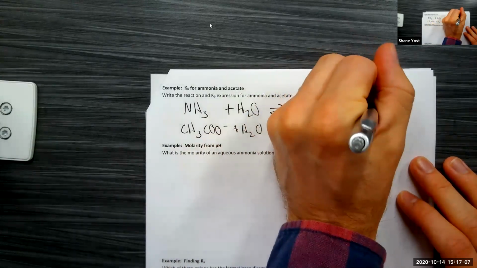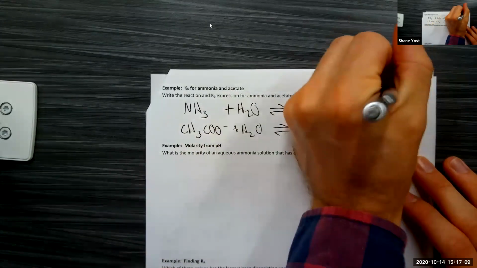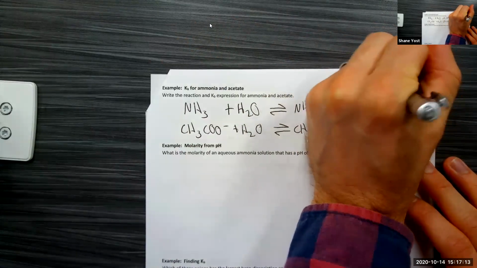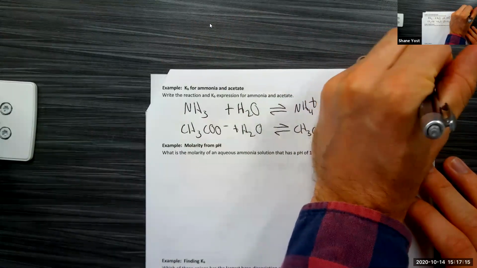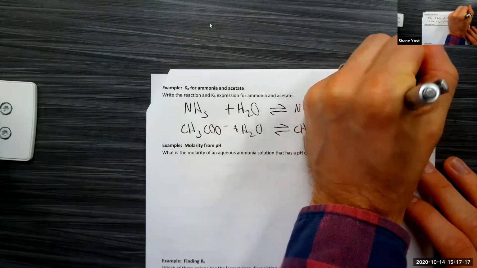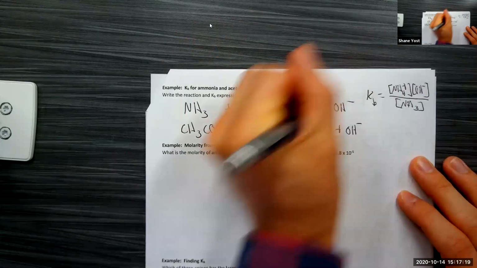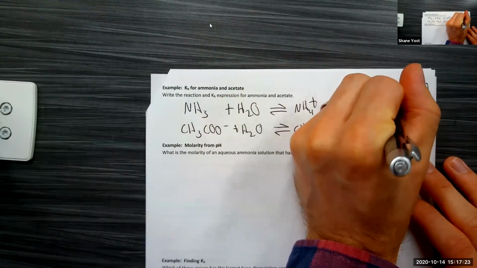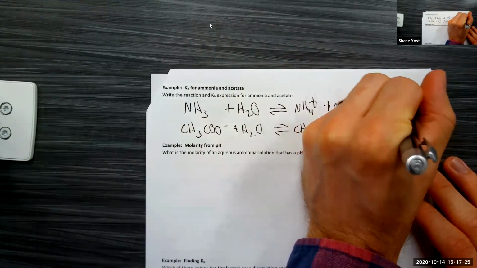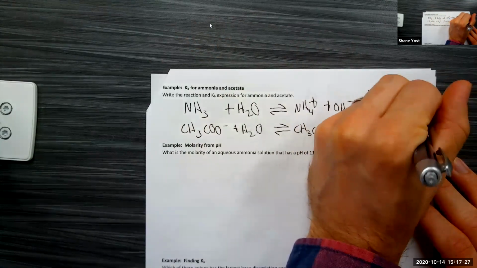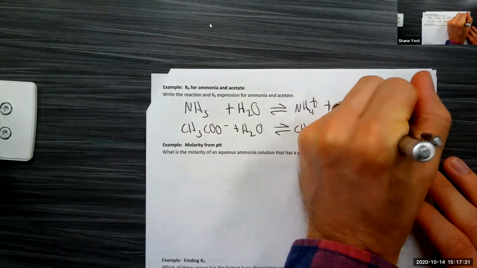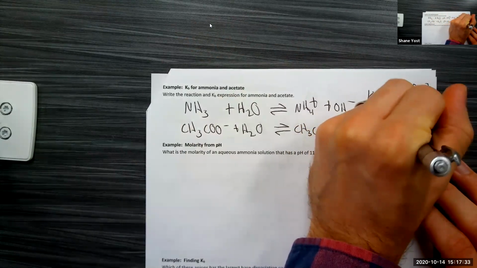We're going to have Kb's equal to NH4 plus times OH minus over NH3, and Kb equaling CH3COOH times OH minus over CH3COO minus.